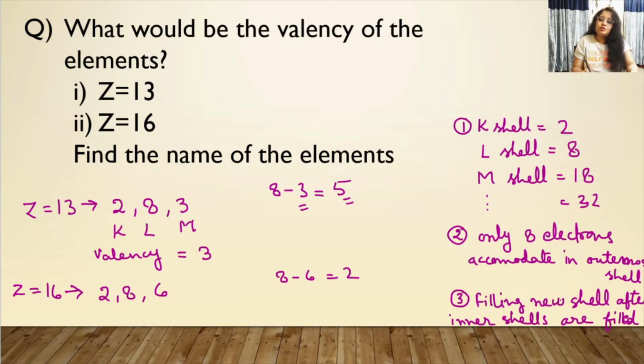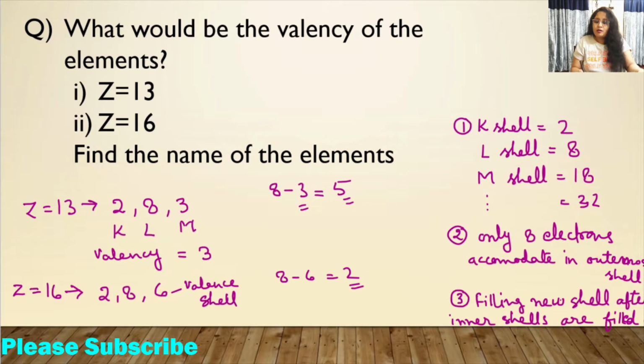This is the valence shell. In the valence shell, to achieve the octet, either this element will take 2 electrons to become 8 or it can leave 6 electrons to become an octet.